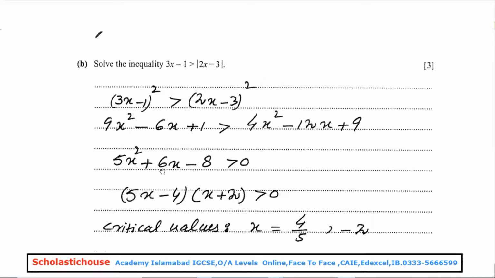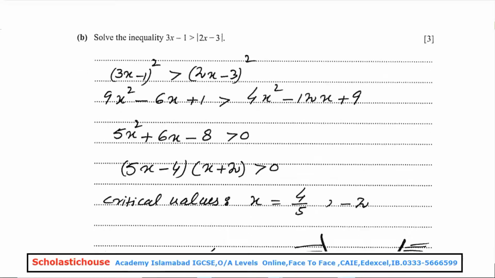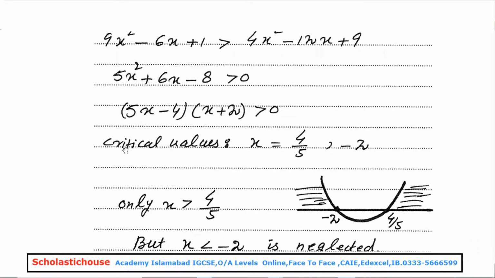Now by middle term breaking, I have 5x minus 4 into x plus 2 greater than 0. Critical values are x is equal to 4 over 5 and minus 2, because it is greater than 0.